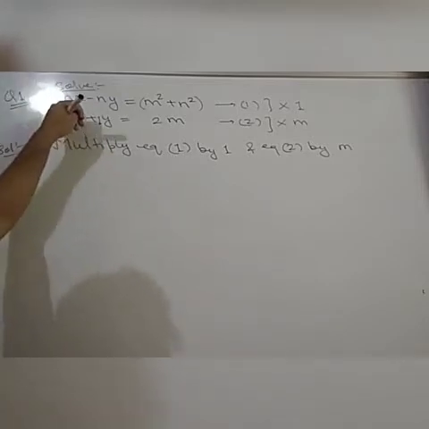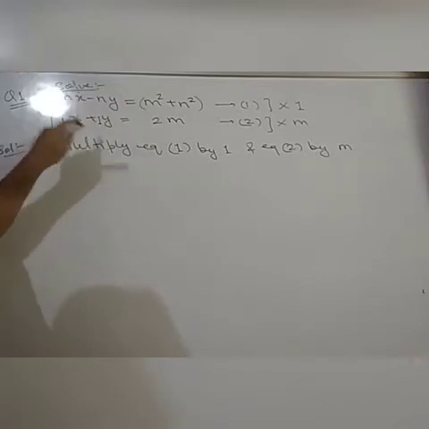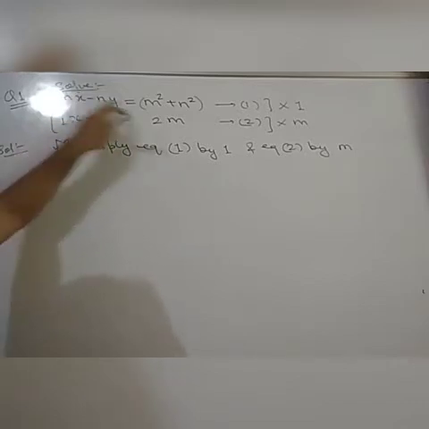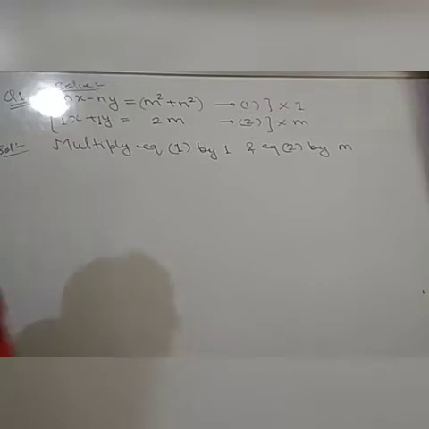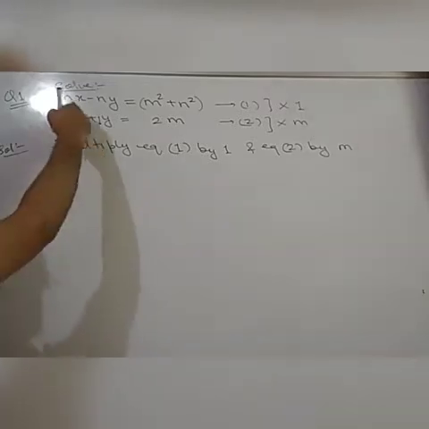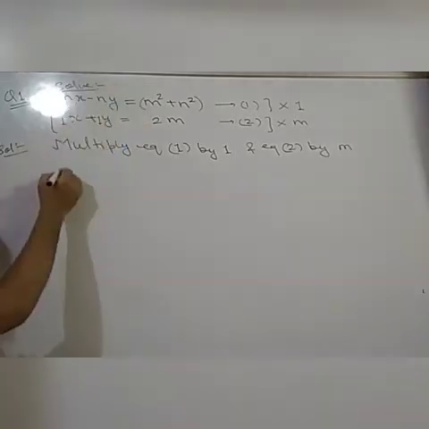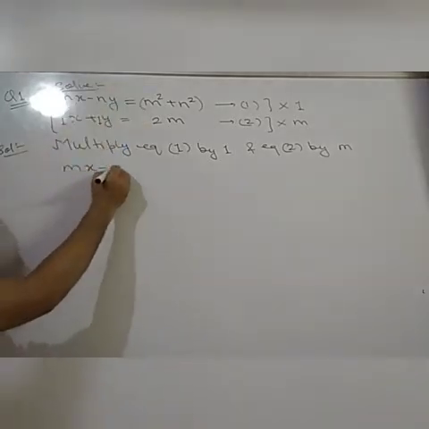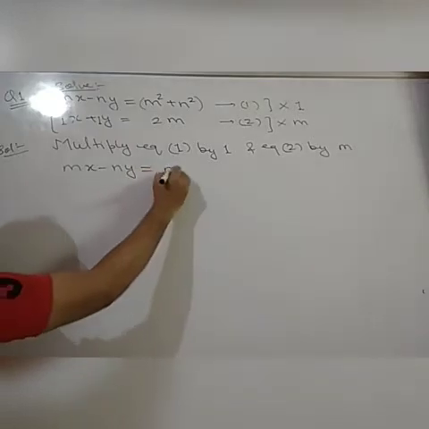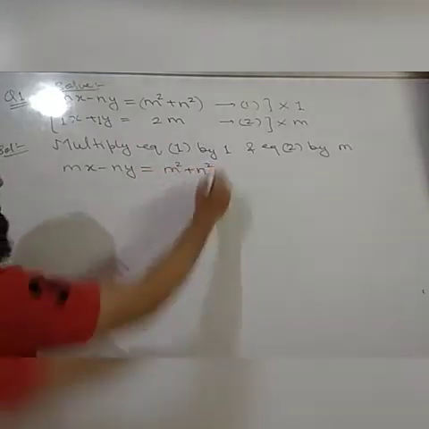The coefficient of x in the first equation is multiplied into the second, and the coefficient of x in the second equation is multiplied into the first. So what will we get? When we multiply this whole equation by 1, it remains as it is. So the equation will be mx minus ny is equal to m square plus n square.